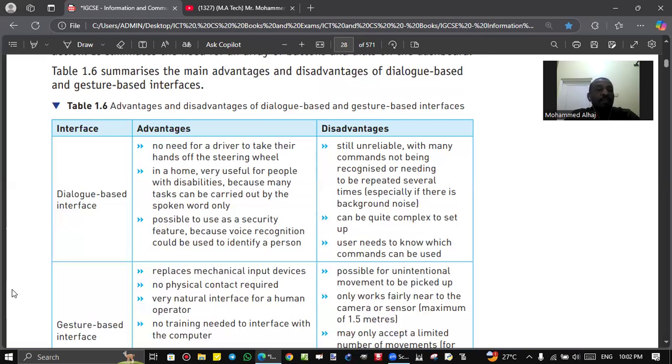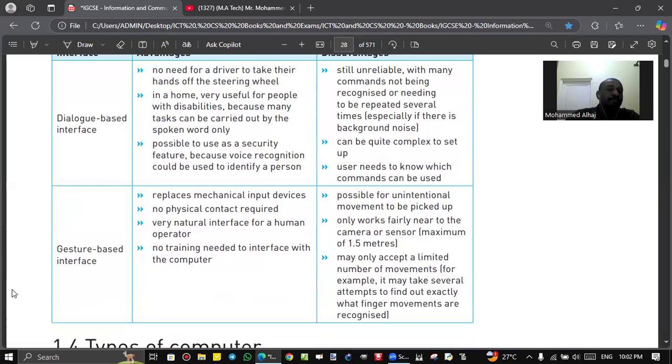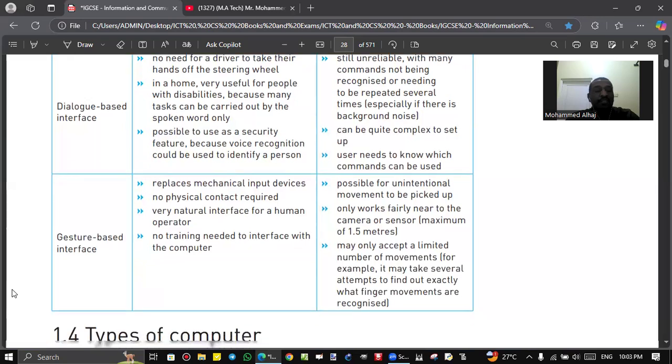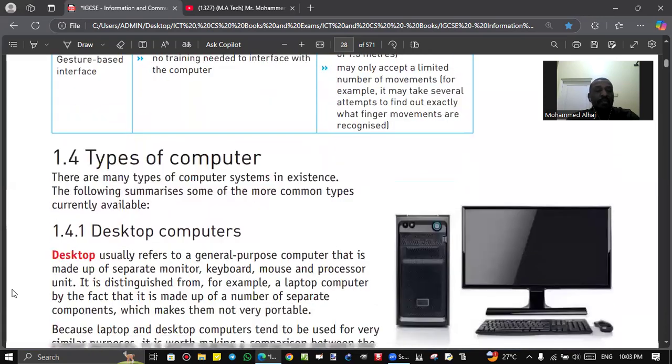The second one is the graphical user interface, which totally depends on graphics and icons. Next is the dialogue-based interface, which depends on the human voice. And last, but not least, is the gesture-based interface, which works with the movements of the person. Those are the four different types of interfaces related to the operating system.